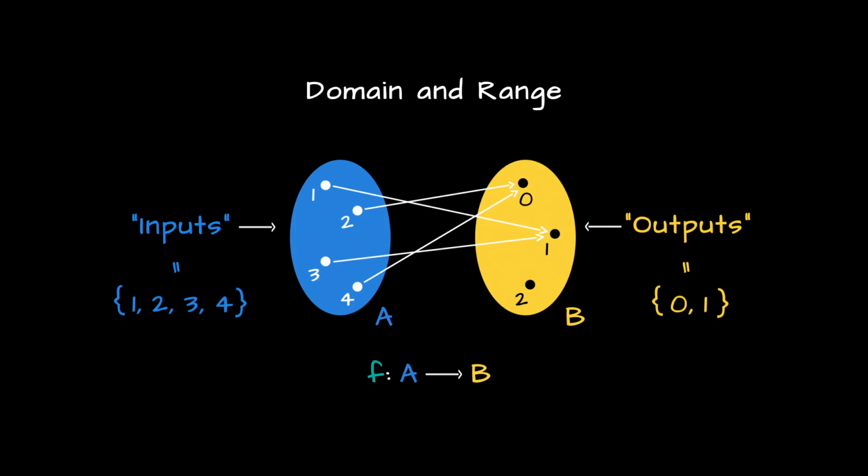On the other hand, if we ask the question, what are the possible outputs of the function f, then we see that the values that the function f can take are precisely the numbers 0 and 1. In particular, the function does not take the value 2. So the set of all possible outputs of the function, as the inputs range across the numbers 1, 2, 3, and 4, consists of the set of numbers 0 and 1.